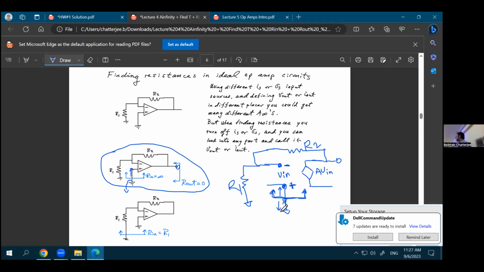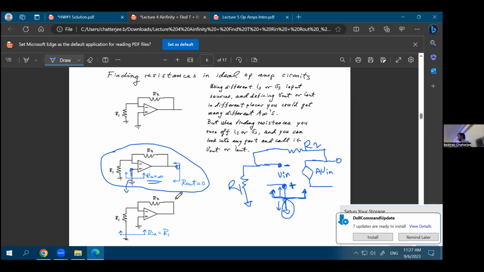So you first disconnect whatever is connected at this point. And then you apply a Vx source, try to measure what is the current Ix. Now, if you apply a Vx source at this point, because this is open, there will be no current flow Ix into it. There will be no current flow into the op-amp. And that's why we are saying that the input resistance is infinite. All right, clear?